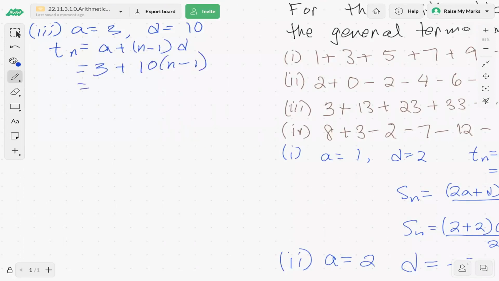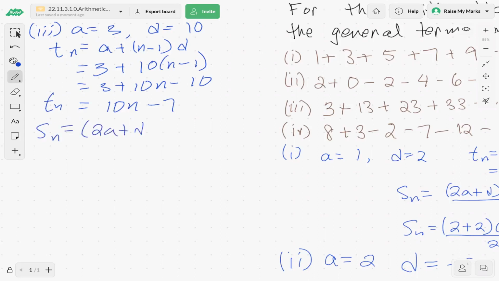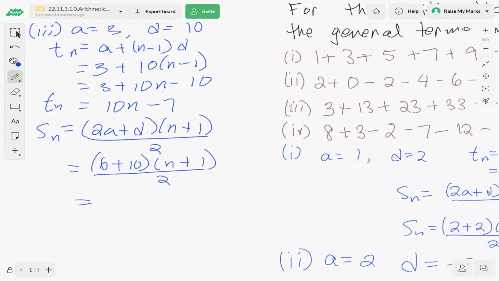Expanding this out, we have 3 plus 10n minus 10, or 10n minus 7. Now the sum of the first n terms is (2a plus (n minus 1)d) times n over 2. Our a is 3, so we have (6 plus 10(n minus 1)) times n over 2.